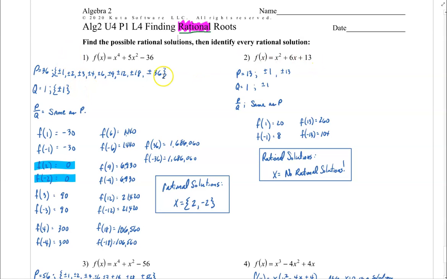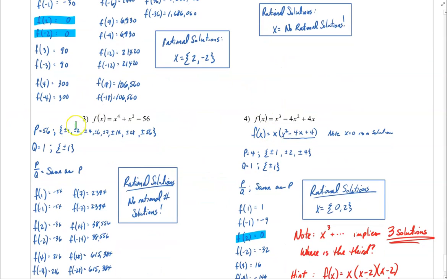And so if you follow the video that I had posted, we talk about the rational roots theorem. And in this particular case, our p-value, the constant at the end of the polynomial, is 36. And our q-value is 1, the leading coefficient in front of this largest exponent. In number 2, we had a p-value of 3 with a q-value of 1. In number 3, we had a p-value of 56 and a q-value of 1.